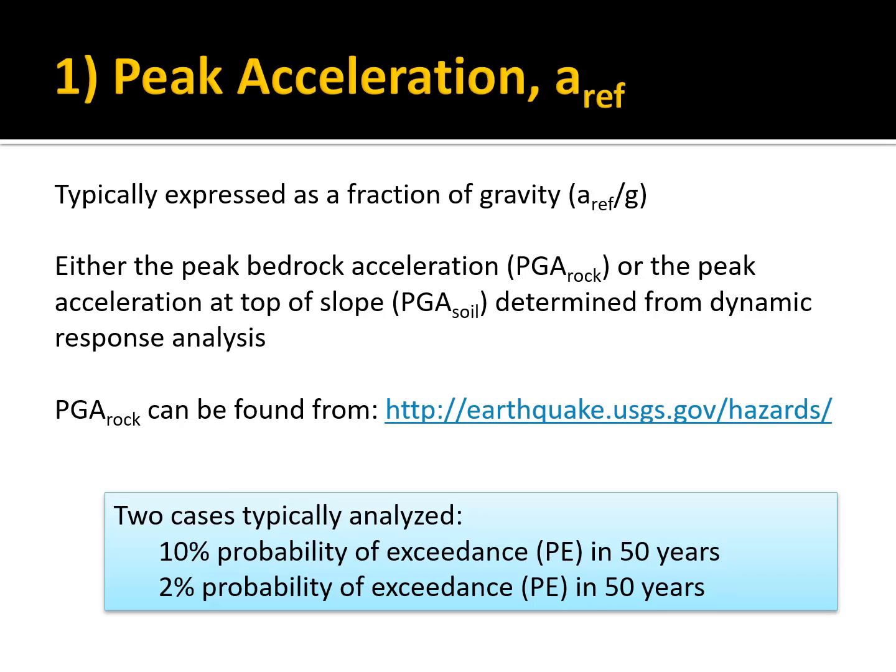So the peak acceleration depends on what kind of event you're looking at. The 2 that we most typically look at are the 10% probability of exceedance in 50 years, and the 2% probability of exceedance in 50 years. The 2% is going to be more rare, so that's going to be a larger peak acceleration.